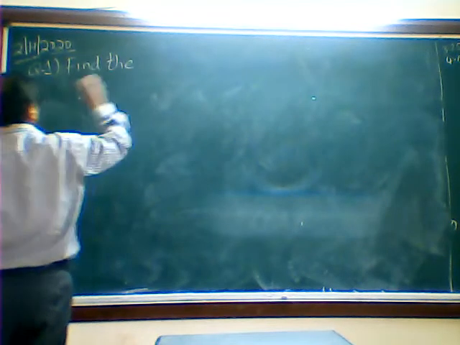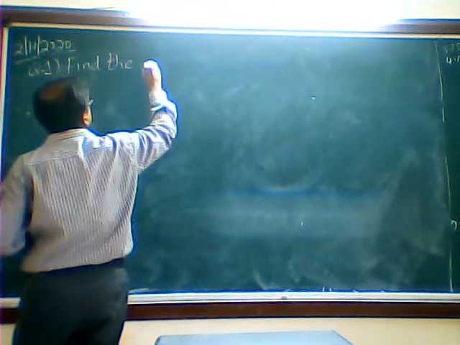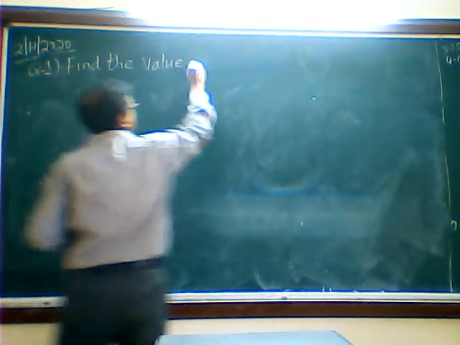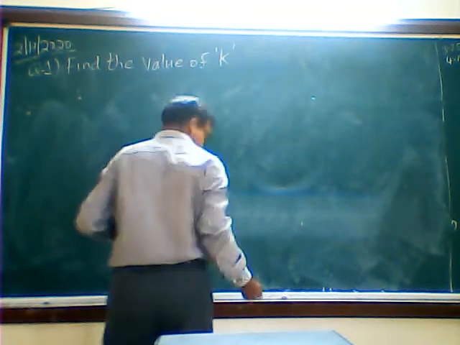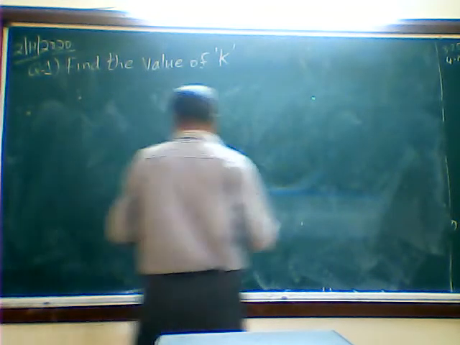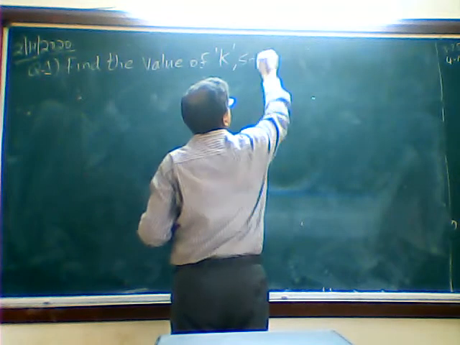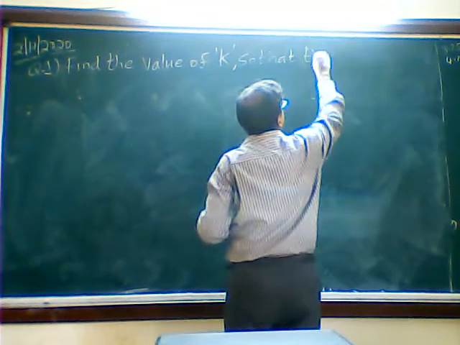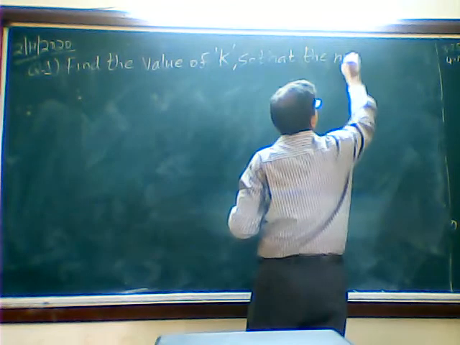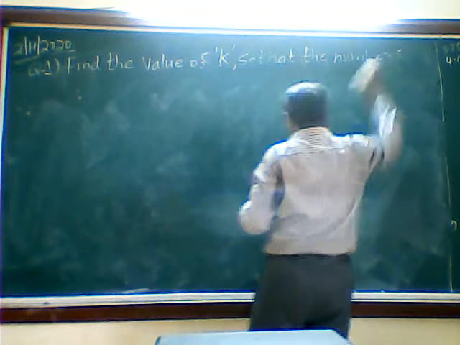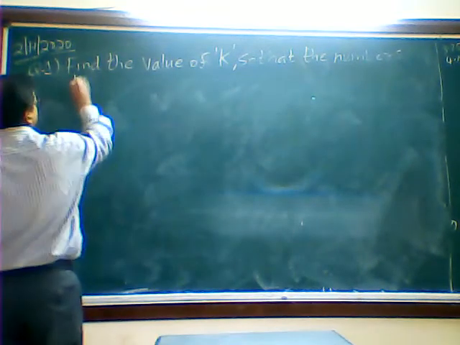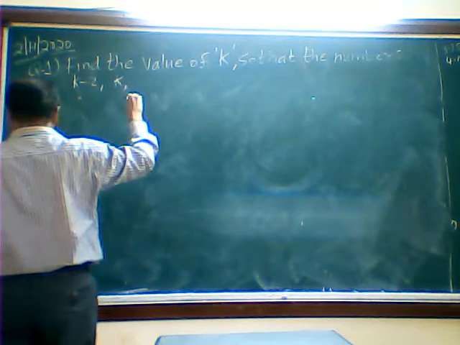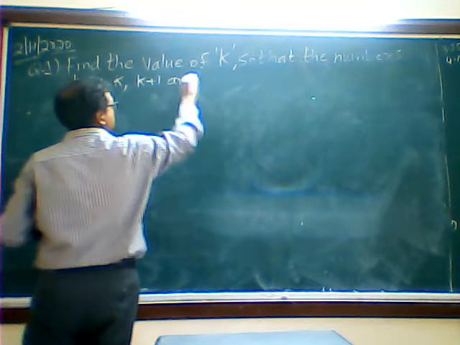Question number 1. Find the value of k so that the numbers k minus 2, k, k plus 1 are in GP.